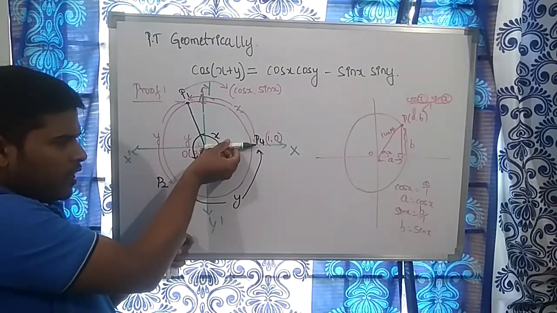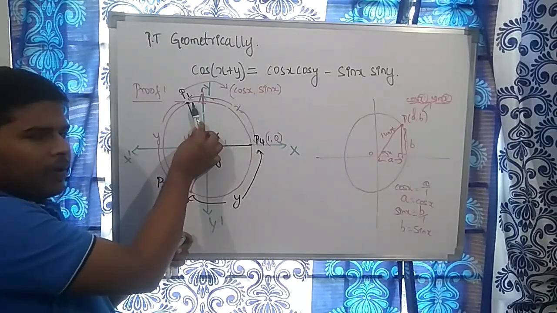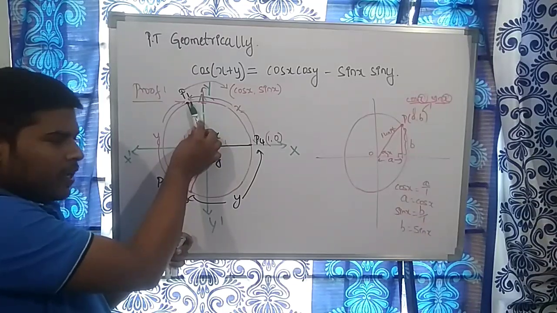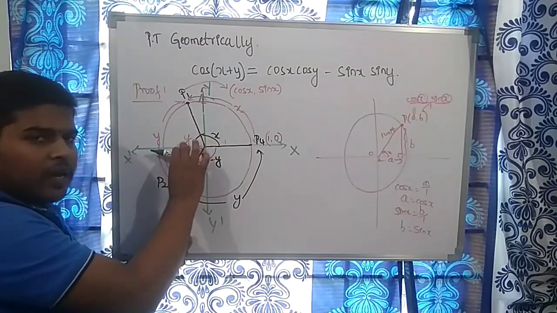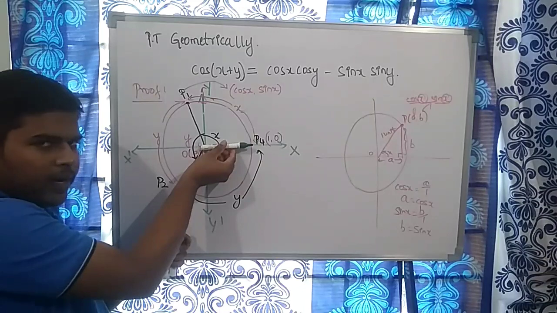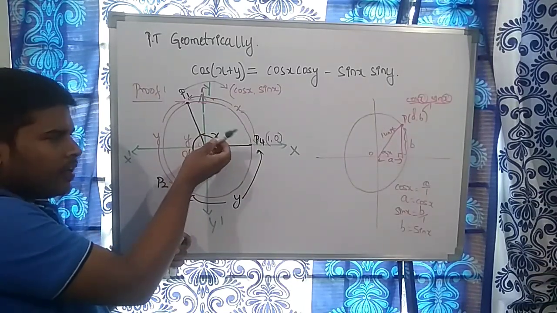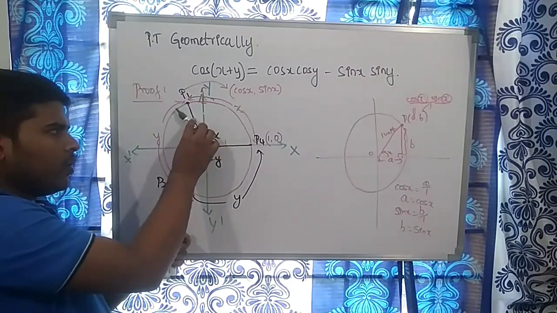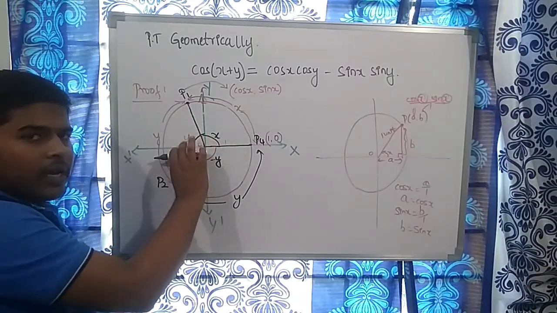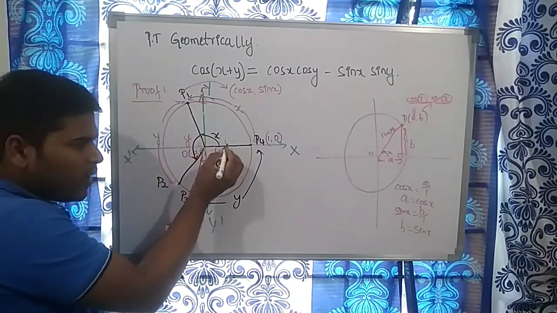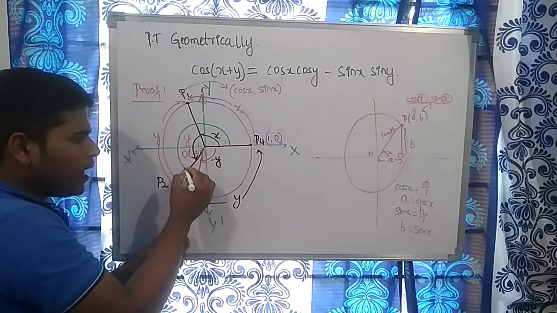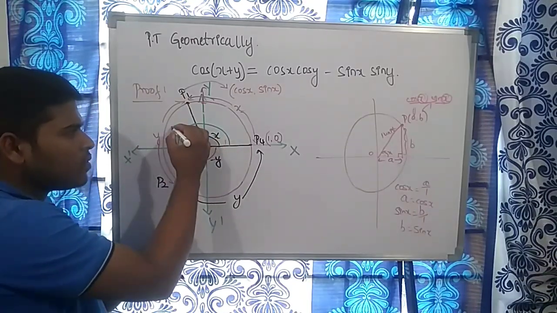See here, keep on rotating, it covers an x radian. Again rotating from here to here, it covers a y radian. Look here, I start here, from here to here it is x radian. Again continuing to rotate from here to here, it covers a y radian. That means if I take this one as the initial line, your total angle is given by x plus y.